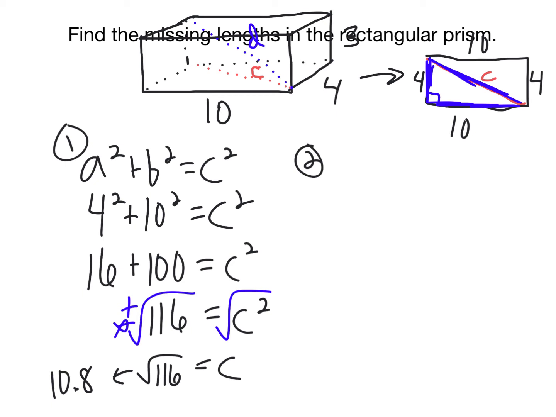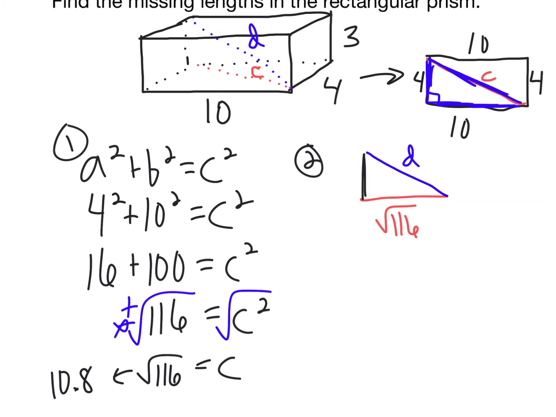Then once we've got that, we can look at figuring out what D is equal to. So we just found out C was square root of 116. We're trying to find the diagonal. So our other dimension of this triangle would be 3.